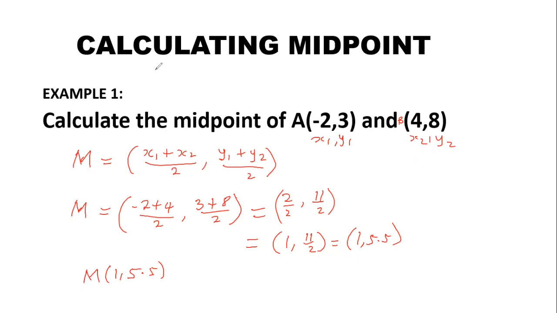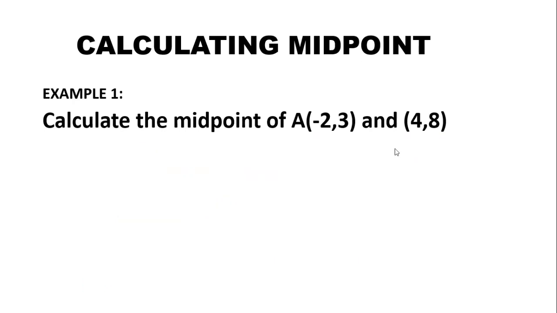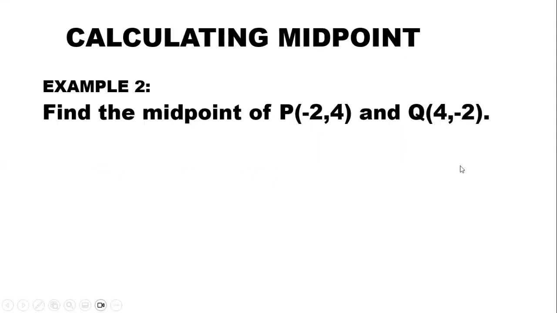Let's look at the next example. In this example, we are asked to find the midpoint of P, -2, 4 and Q, 4, -2. If you want to work as a pro, you know that midpoint is simply adding the x coordinates and dividing by 2 and adding the y coordinates and dividing by 2.